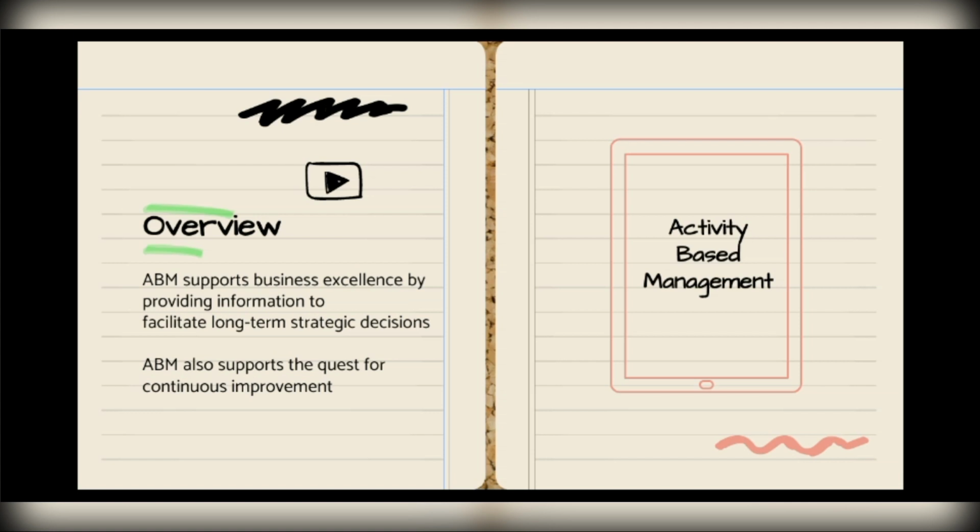This is done by allowing the management to gain new insight into activity performance by focusing attention on sources of demand for these activities and permitting the management to create behavioral incentives to improve one or more aspects of the business. Second, ABM also supports the case for continuous improvement. This allows the product designer to understand the impact of different designs on cost and their flexibility, and to modify the design accordingly.